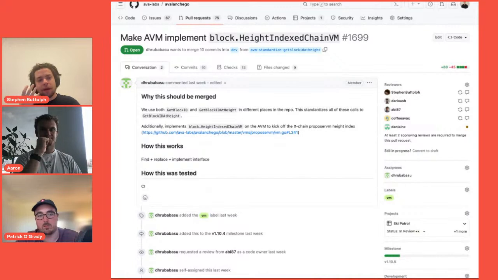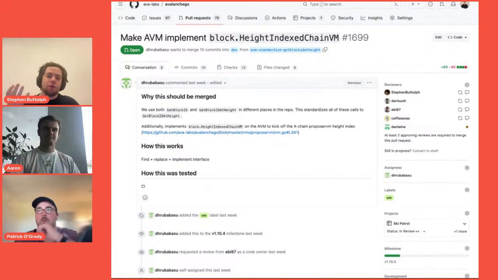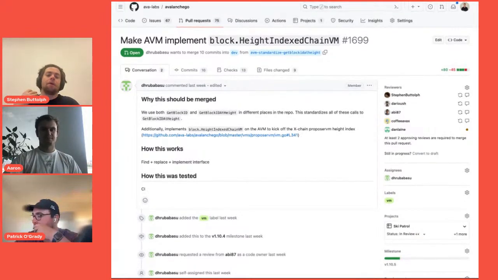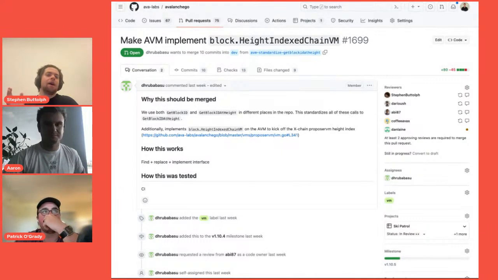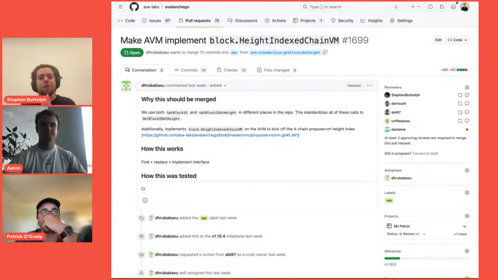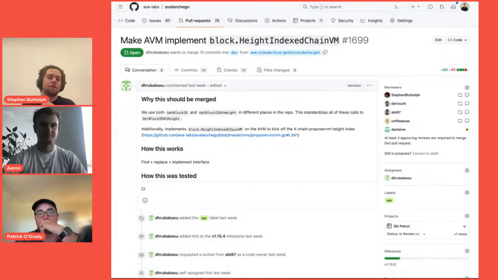But now that we're fully chain-based, we can use height-based lookups to be a lot more optimized for some of the things that we're doing, in particular bootstrapping. The way bootstrapping works right now: when you first join the network, you have to synchronize the state of the network, and that initial synchronization is called bootstrapping.